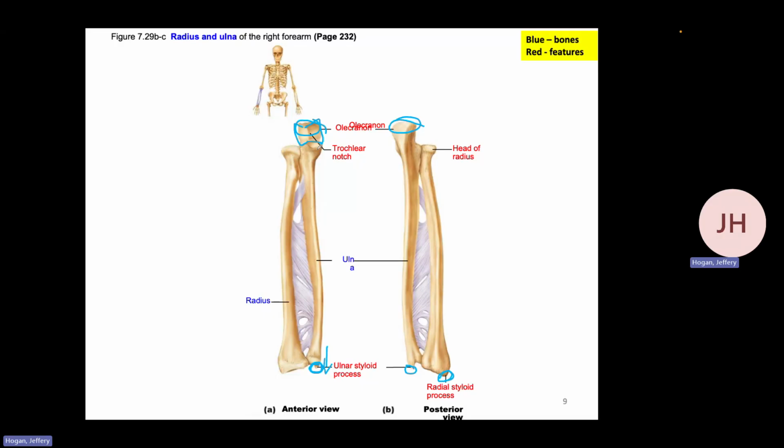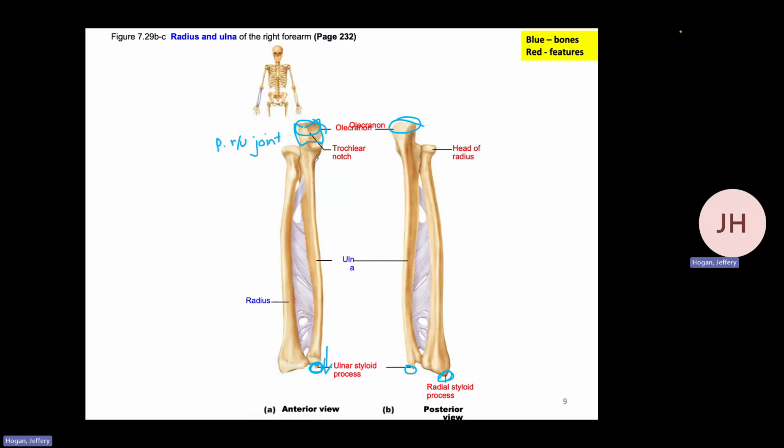Now, the radius and ulna, the radio-ulnar joint, more specifically the proximal radio-ulnar joint, I'm just going to abbreviate that here, is a pivot joint.